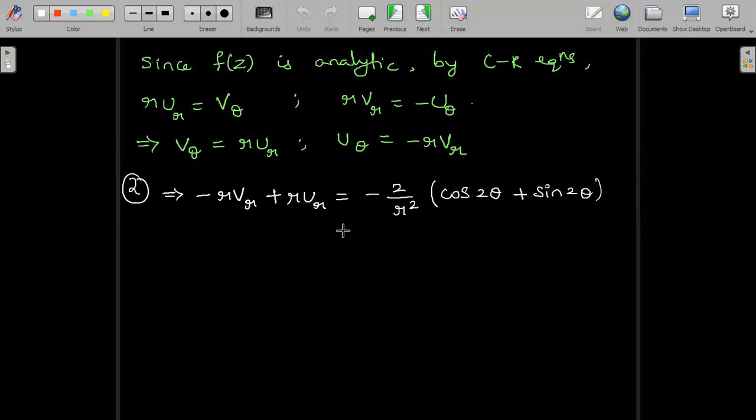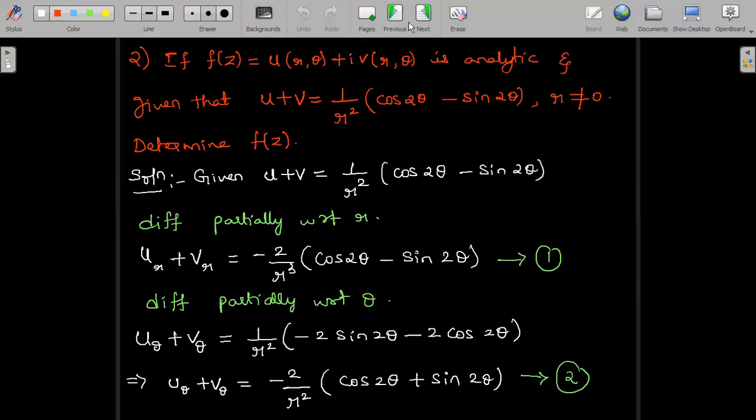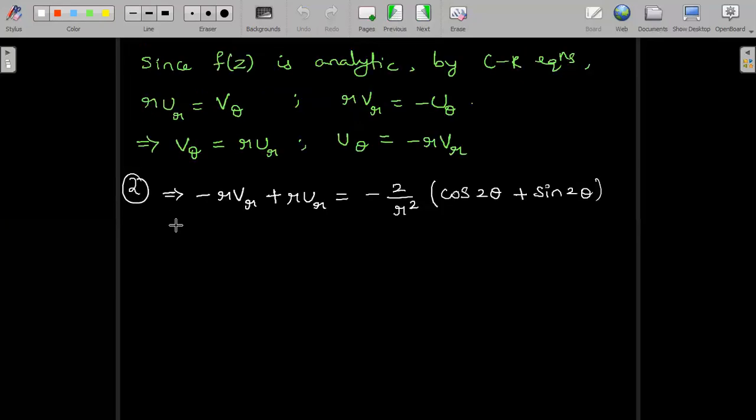Now let us divide throughout by r and rewrite the expression. So dividing throughout by r, we get minus vr plus ur is equal to minus 2 divided by r cube, dividing throughout by r.